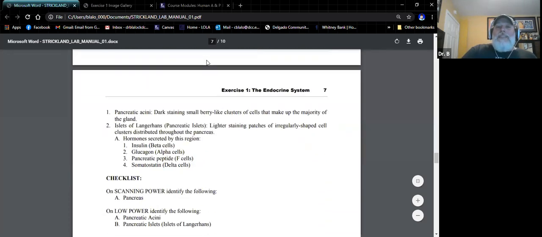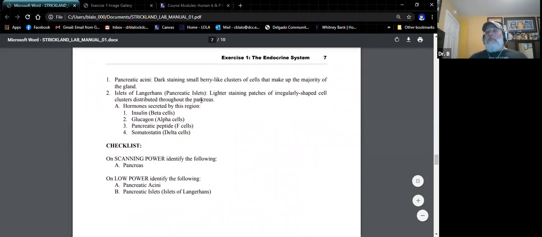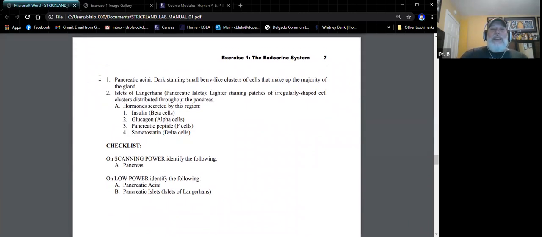When we look at the pancreas, we're going to see two different types of tissue. We're going to see pancreatic acini. These are going to be the darker staining parts and make up the majority of the gland itself. And then we're going to see the Islets of Langerhans, or the pancreatic islets. These are basically going to be lighter stained, almost kind of like they're faded parts of the pancreas.